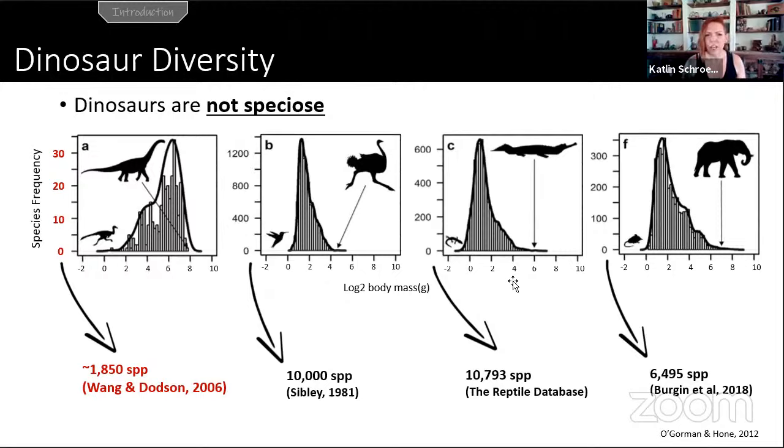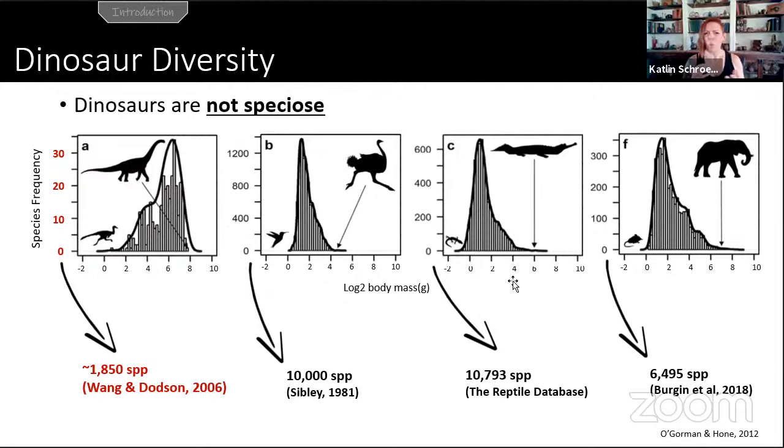But weirdly, non-avian dinosaurs are barely scratching about 2,000 in the species count. And that's despite the fact that they are the dominant form of vertebrate life on the planet for 150 million years.